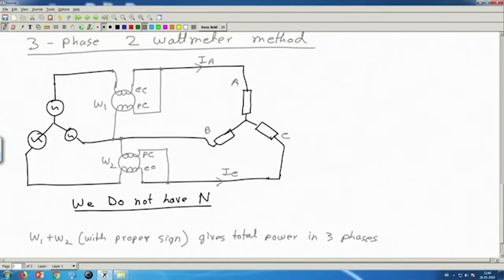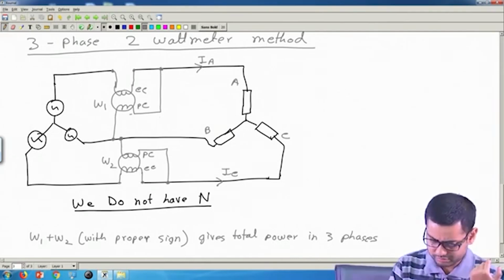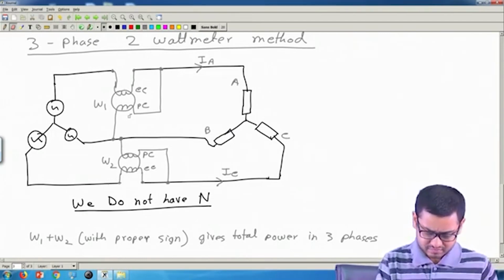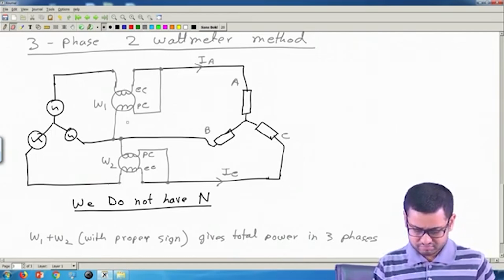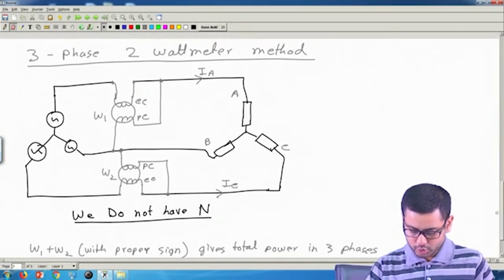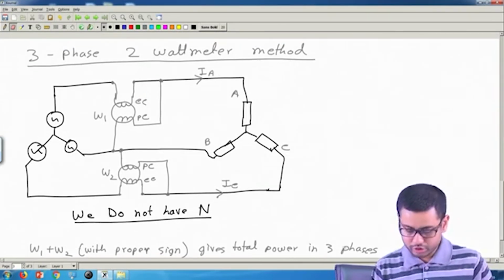What is this wattmeter measuring? This is measuring this current multiplied by this voltage. What is this equal to? Okay. So, let us understand how it is true that W1 plus W2 is equal to the total power.